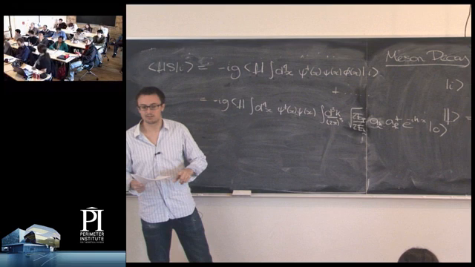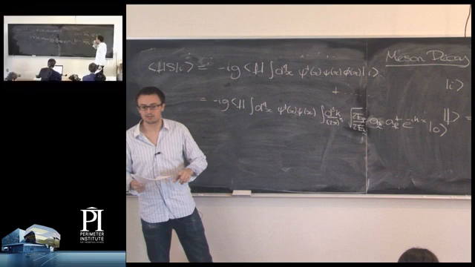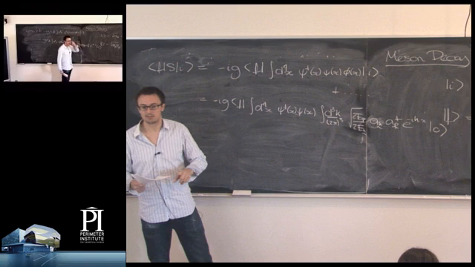It's probably a stupid question, but why don't we use the interaction Hamiltonian in the interaction picture rather than in the Schrödinger picture? We are using the interaction Hamiltonian in the interaction picture. Yeah, I claim we are.